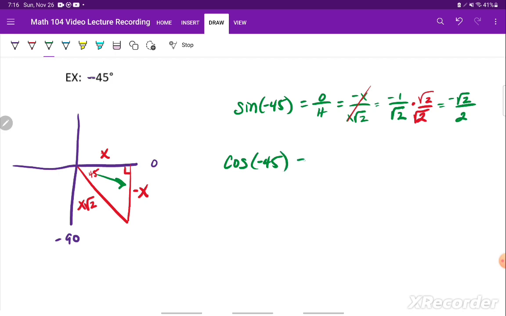Cosine of negative 45 degrees, that's our adjacent side divided by the hypotenuse. Our adjacent side is positive x over x square root of 2. X's cancel, leaving us with 1 over the square root of 2, which we will rationalize and get positive square root of 2 over 2.